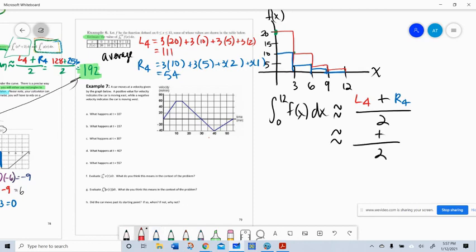And L4, of course, was 111. R4, of course, was 54. And so that integral is approximately equal to 82.5.